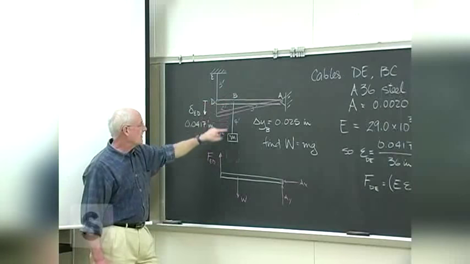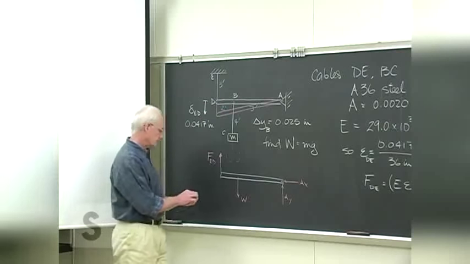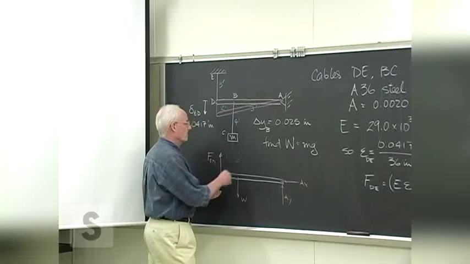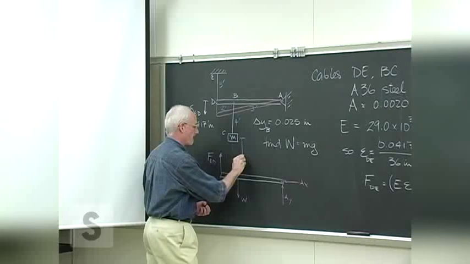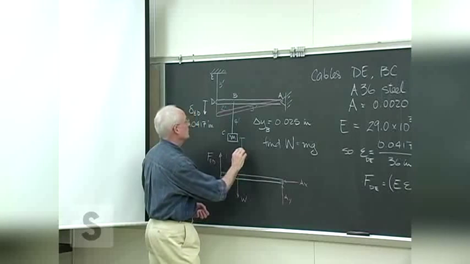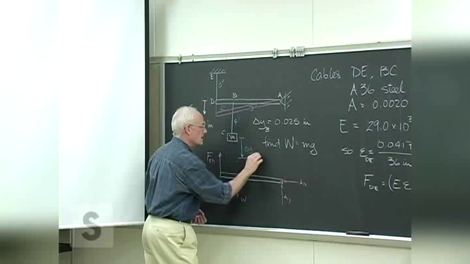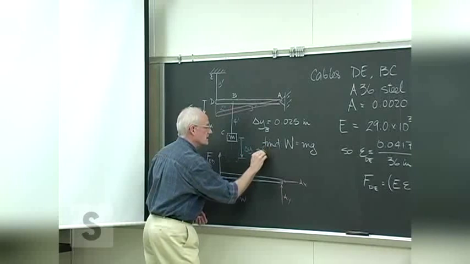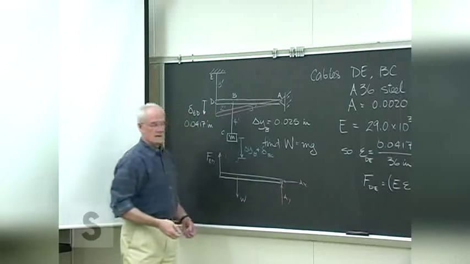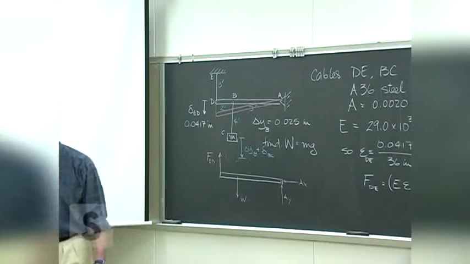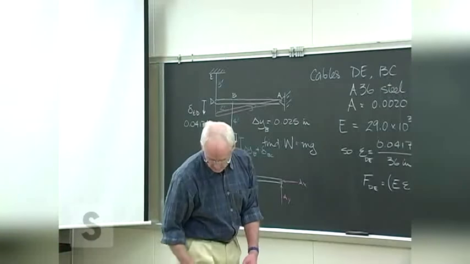So there's a compounding effect of how far C will actually drop. C will drop this delta YB plus its own elongation. It's a matter of grams for the load.